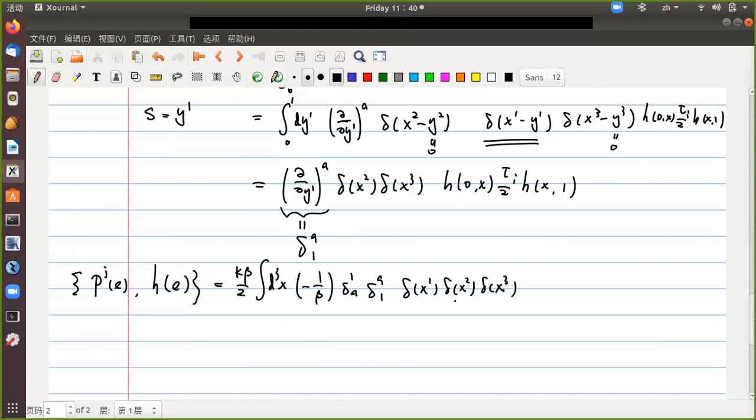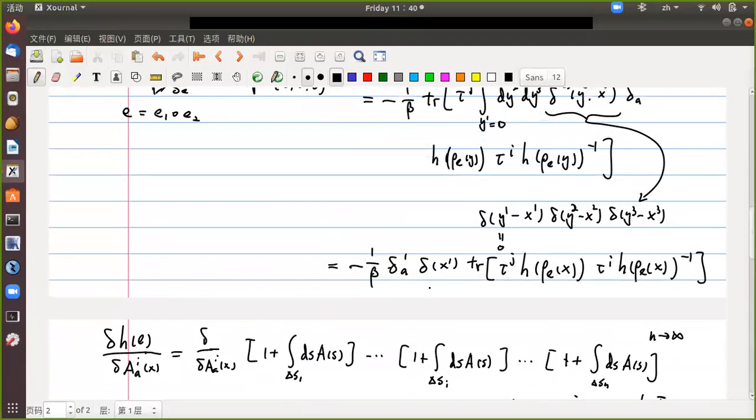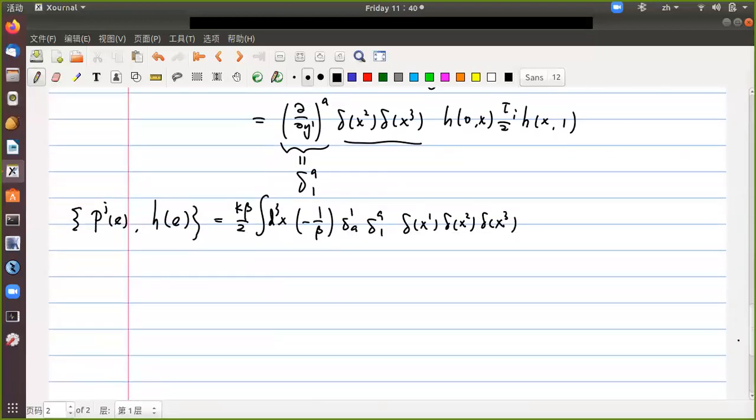So delta x2, delta x3 come from the functional derivative of holonomy, and delta x1 comes from the functional derivative of flux. So here we exactly get a three-dimensional delta function. And we have a trace.